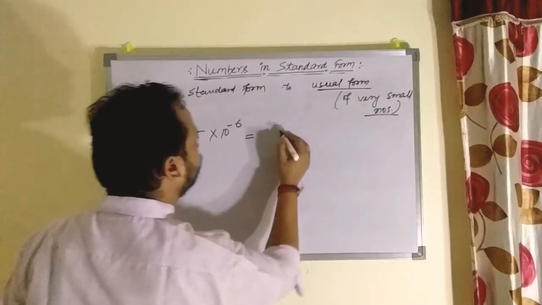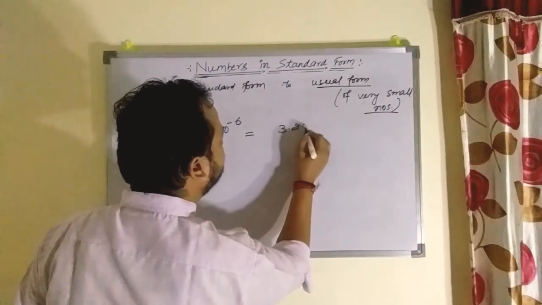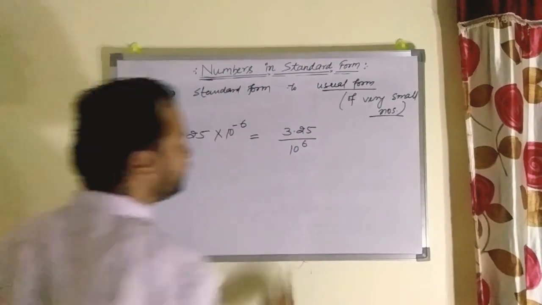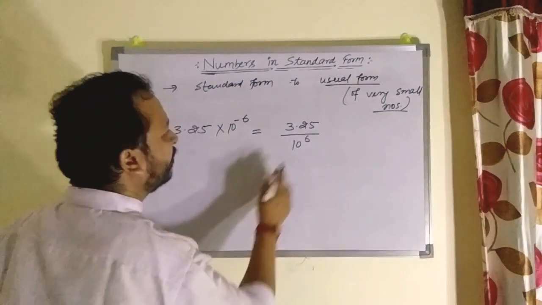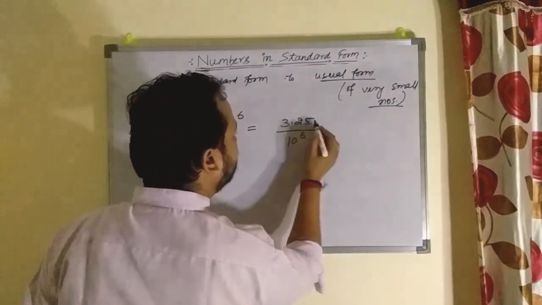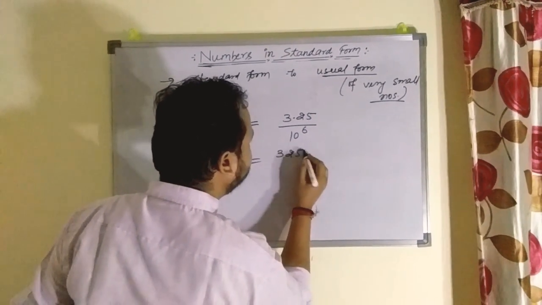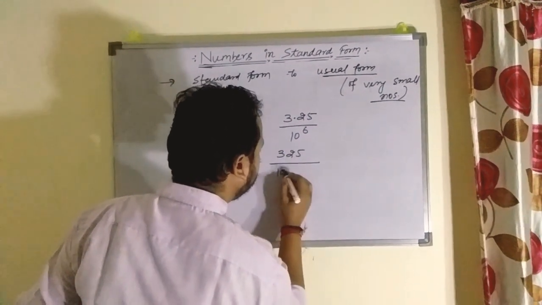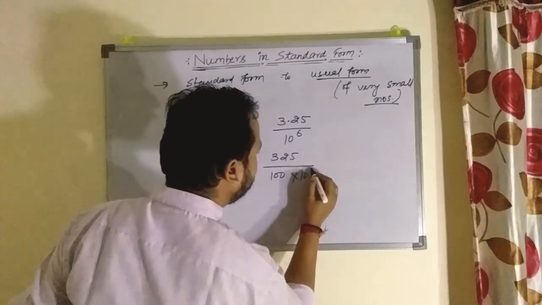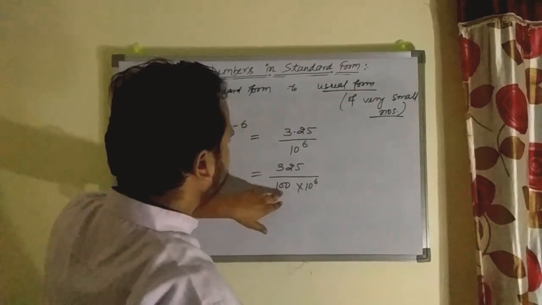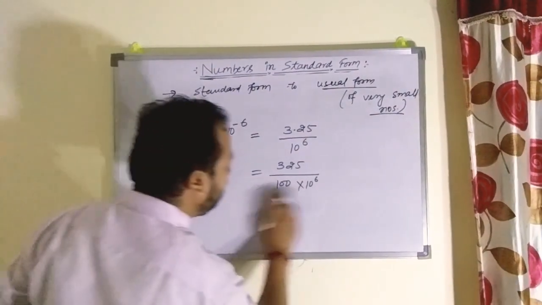So what you have to do is 3.25 divided by 10 to power 6, and 325 divided by 100 into 10 to power 6. We have replaced the decimal, so divided by 100, right?